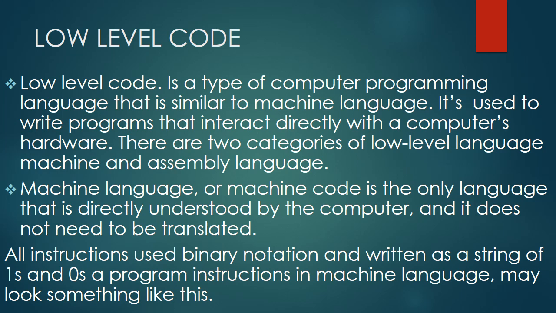Machine language, or machine code, is the only language that is directly understood by the computer hardware system, and it does not need to be translated. Once you input your data in the form of binary codes, the machine language, which is the low-level language, will be able to comprehend and provide an output of what you input.